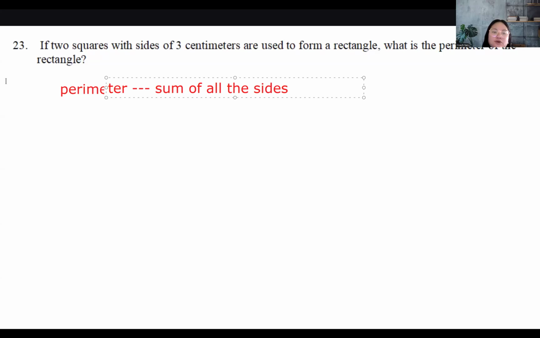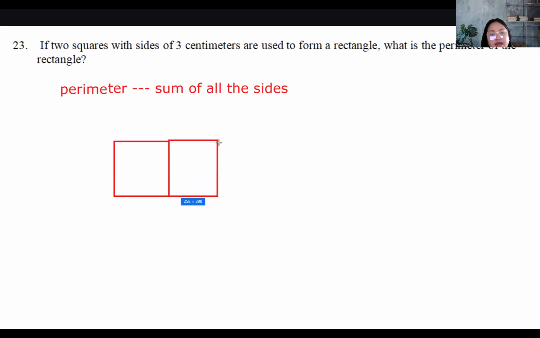Okay? So this one, you have two squares like this, and each of the squares has 3 centimeter sides. So that means this is 3, this is 3, 3, 3, 3, 3, and 3.